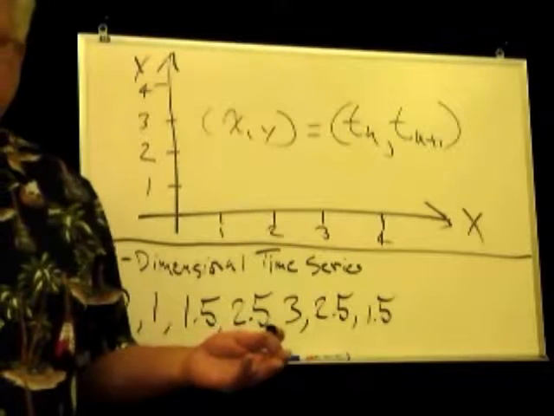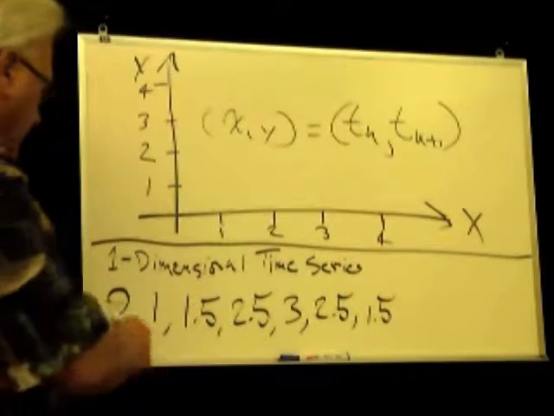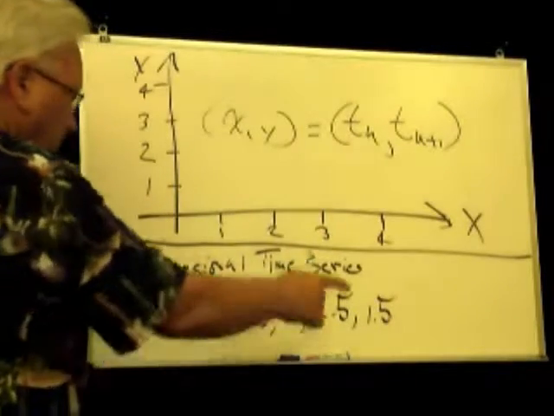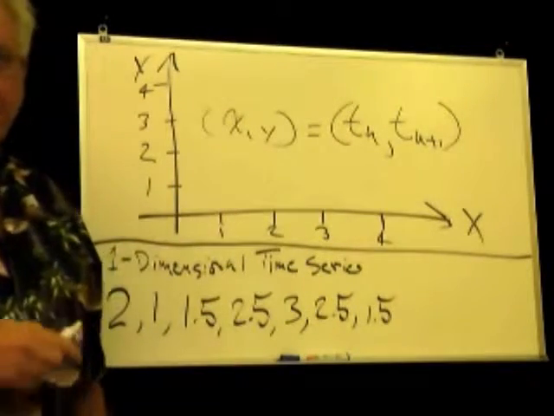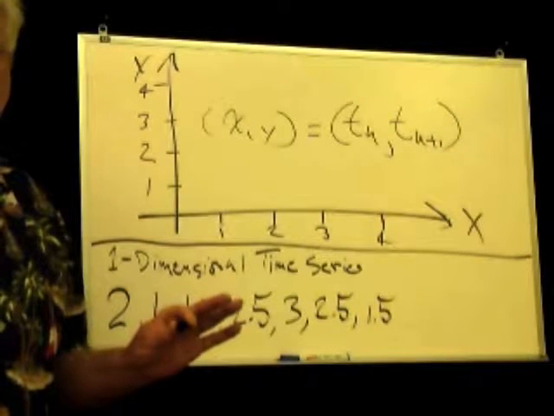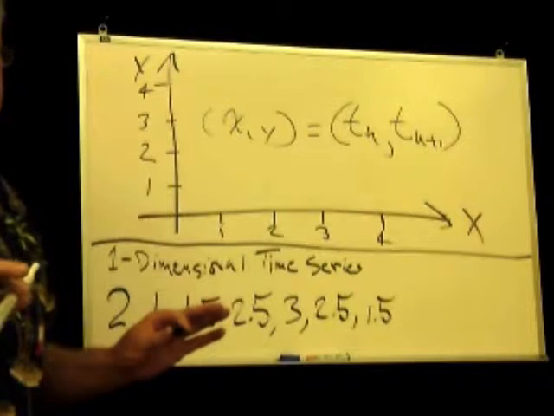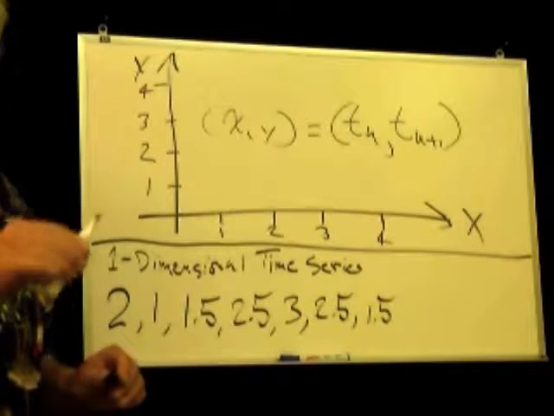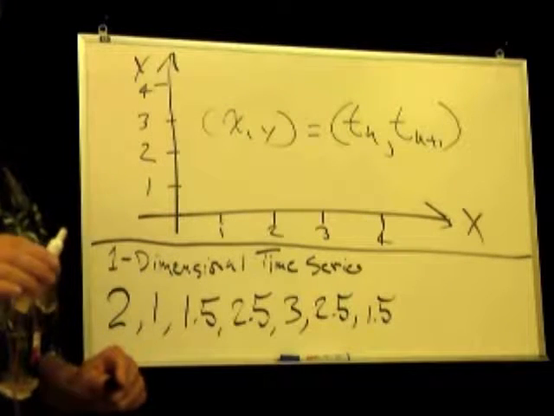That's as simple as that. In other words, here's 1, 2, 3, 4, 5, 6, 7, and so forth, however many numbers you have there. We're going to make up all these coordinates, and the first one would be T1 and T2, and then T2 and T3, and so forth.